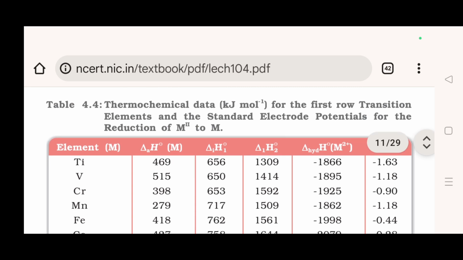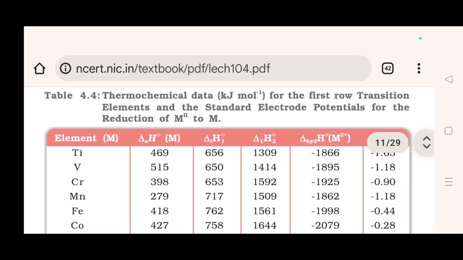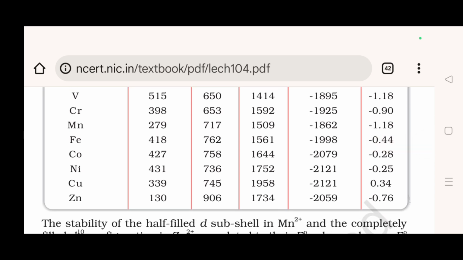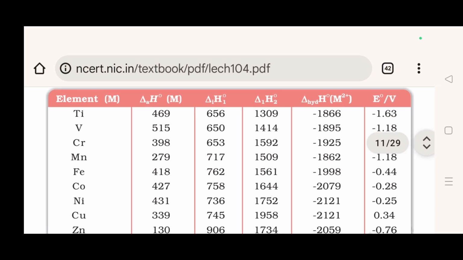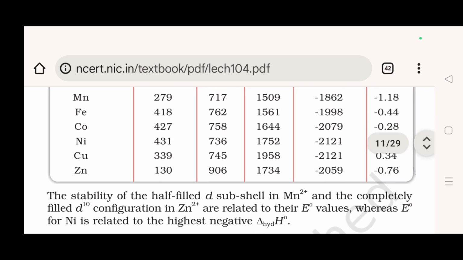Their standard electrode potential values from M2+ to M are 469, 515, 398, 279, 418, 427, 431, 339, 130 respectively, and their ΔH values are 656, 650, 653, 717, 762, 758, 736, 745, 906 and so on.